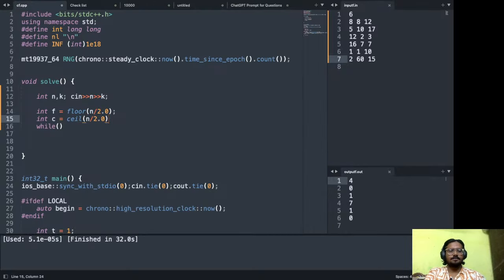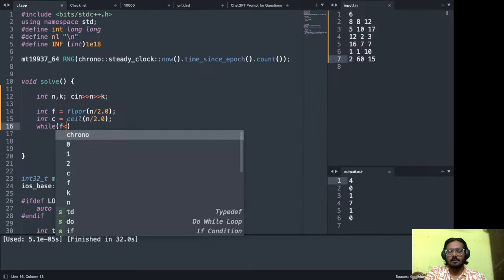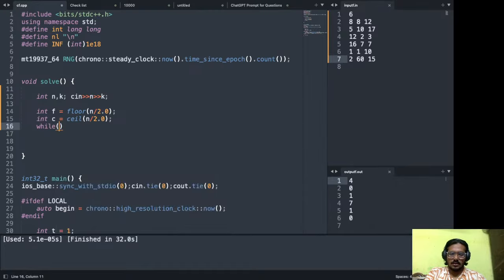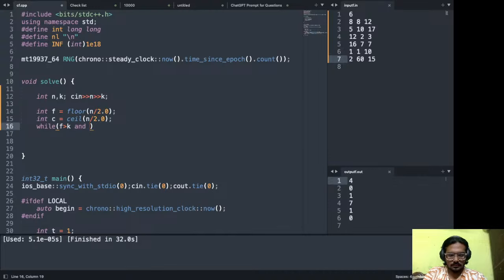Okay. And we will check f is less than... and c is more than k.